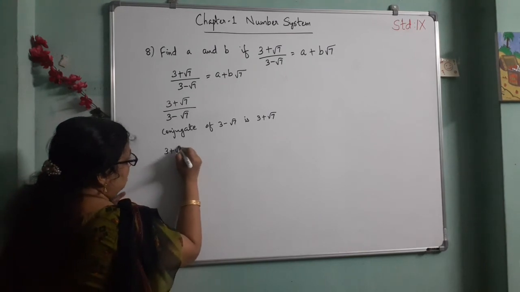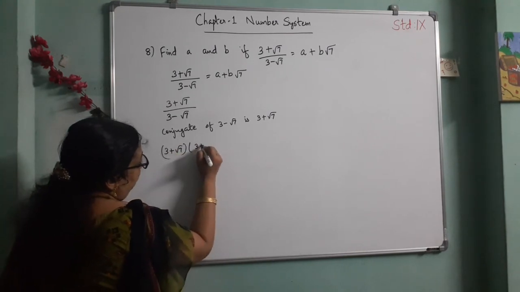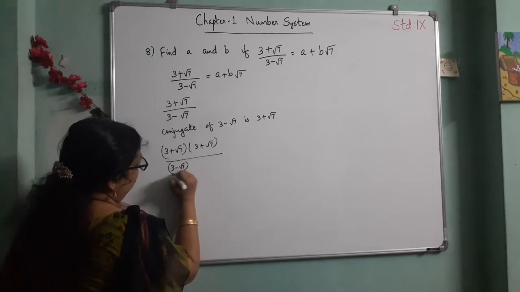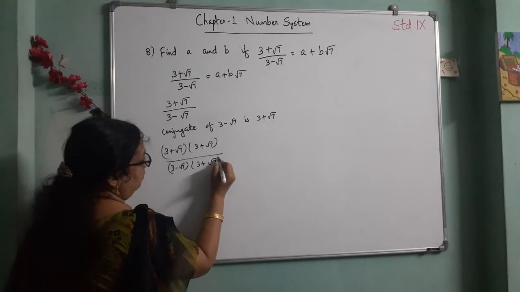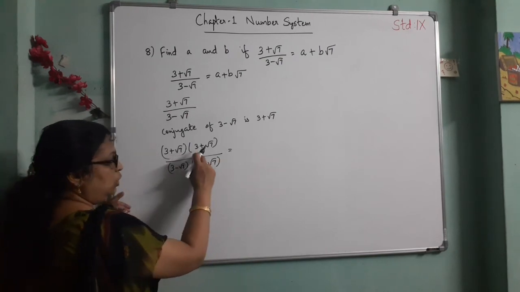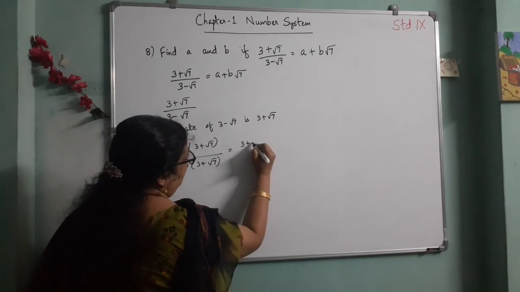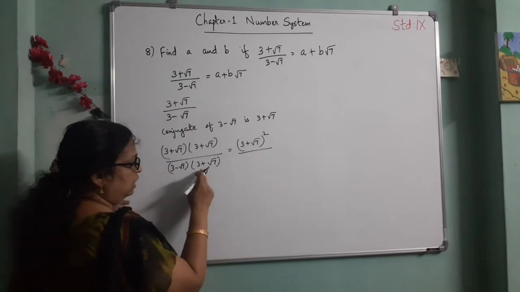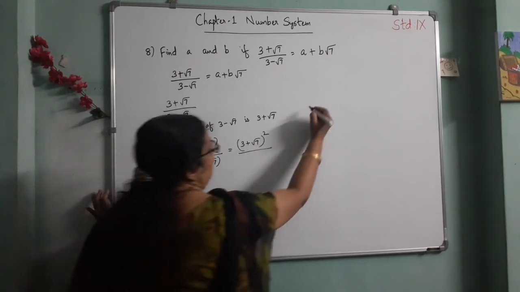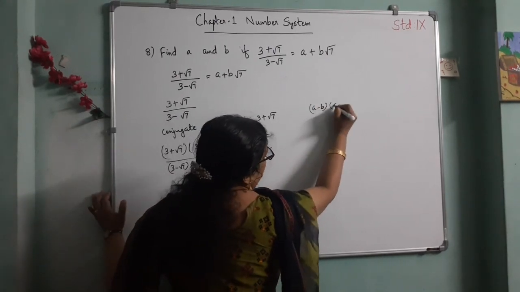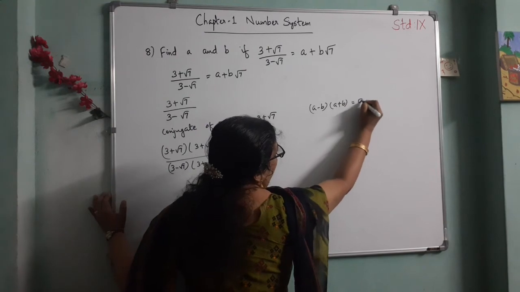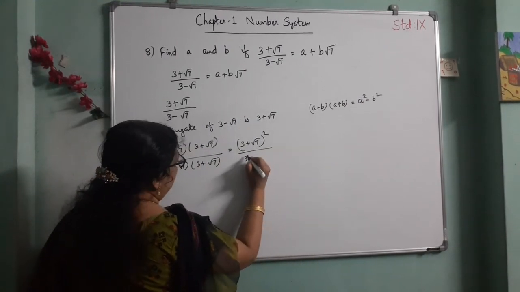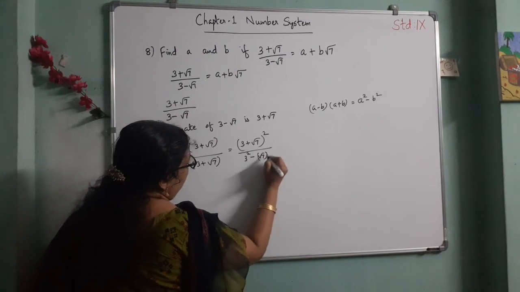So (3 plus root 7) into (3 plus root 7) divided by (3 minus root 7) into (3 plus root 7). Here (3 plus root 7) into (3 plus root 7) is (3 plus root 7) the whole square, divided by (3 minus root 7) into (3 plus root 7), that is (a minus b) into (a plus b), that equals a square minus b square. So here 3 square minus root 7 the whole square.